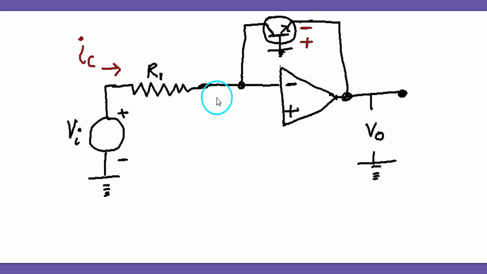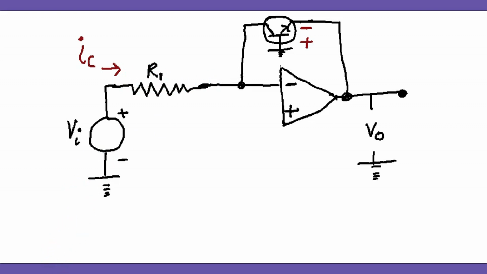Base is grounded, and to the inverting terminal, input is applied through a resistance R1. Because there is voltage across R1, the current will flow along this path. Because this is a collector, this current is called the collector current.